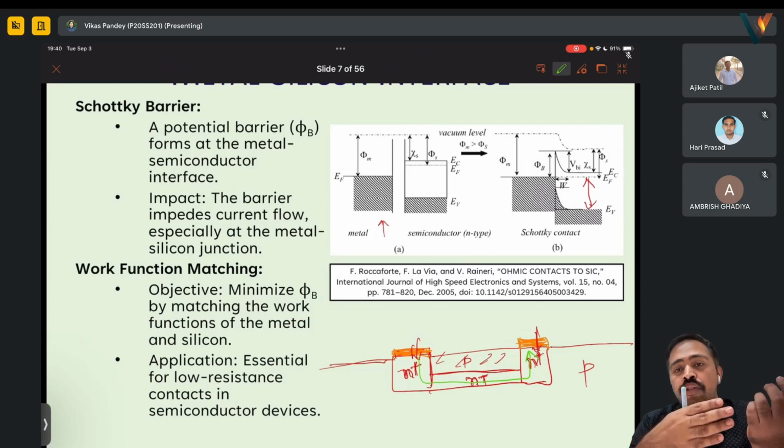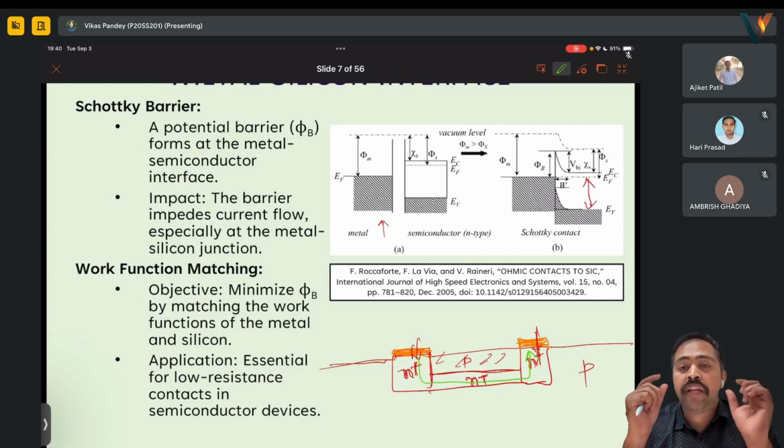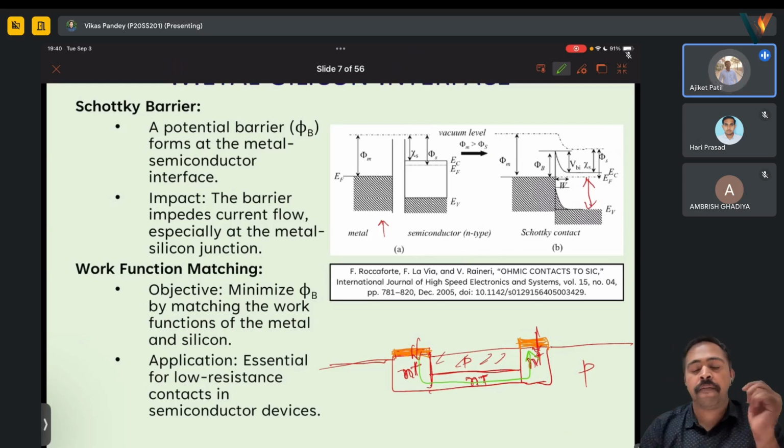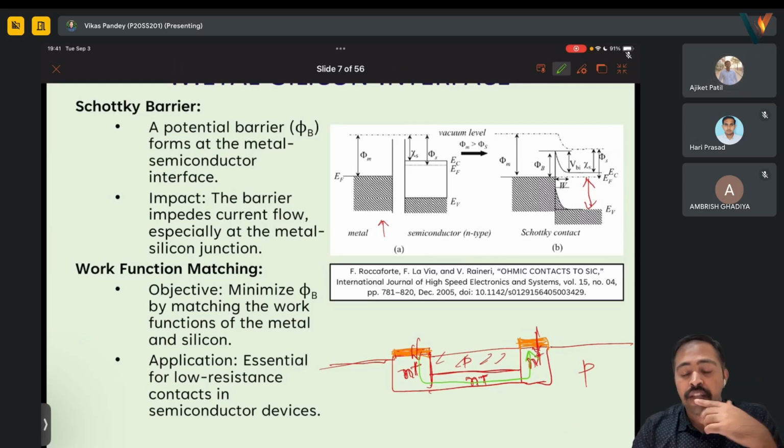So we have to take care that phi b should be as small as possible. Here N plus is already internally connected, so it should simply be a conductor kind of behavior. But if this interface is not matched, although we have done all the device fabrication correctly, this mismatching can result in some outcome that we don't want.